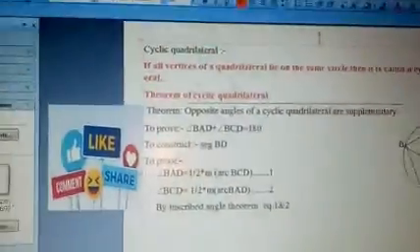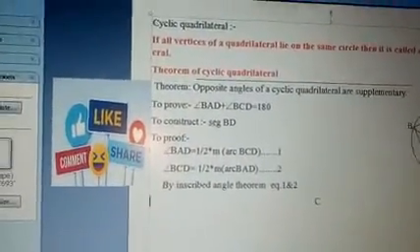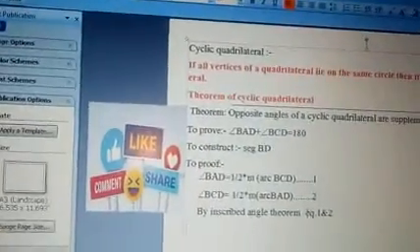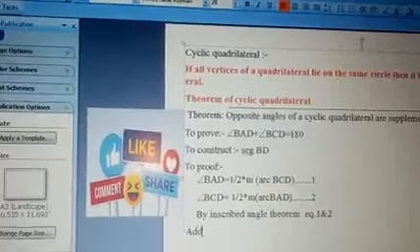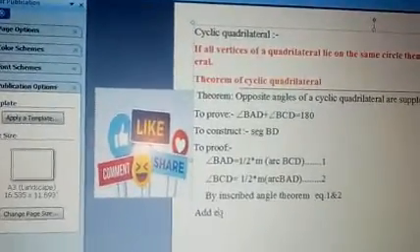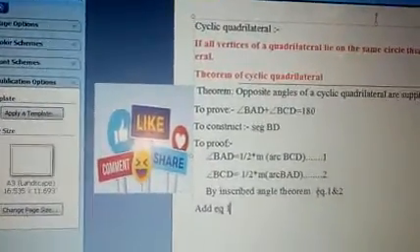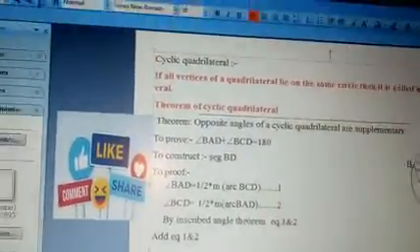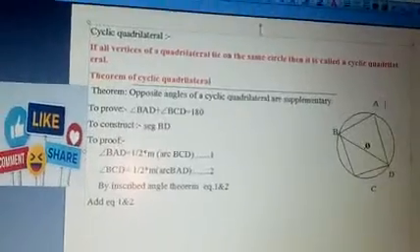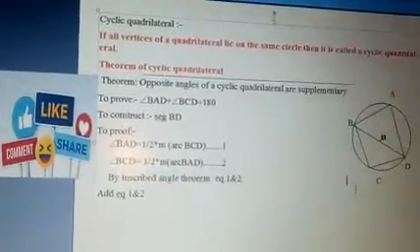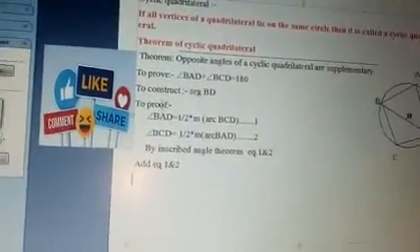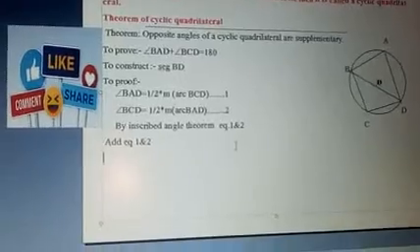See, add equation first and second. Always we add the left hand side and the right hand side.